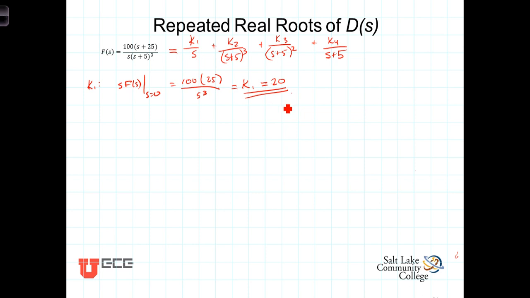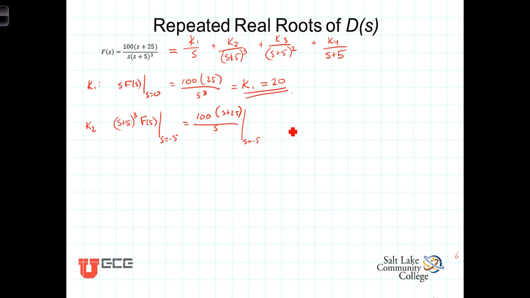Pretty straightforward. We can get k2 in a similar way, only this time we're going to multiply both sides of the equation by (s plus 5) cubed times F(s), and evaluate that at s equals minus 5. On the left-hand side, we have 100 times (s plus 25) over s, evaluated at s equals minus 5.